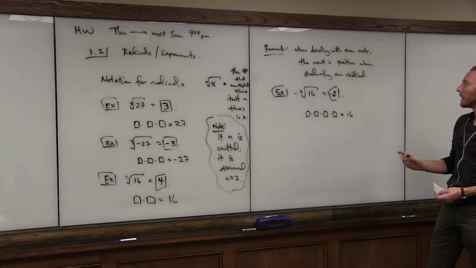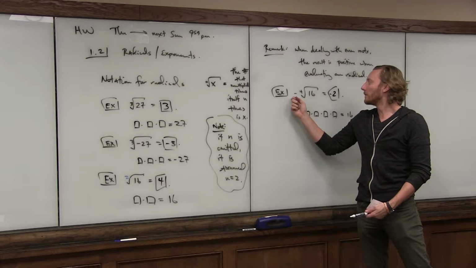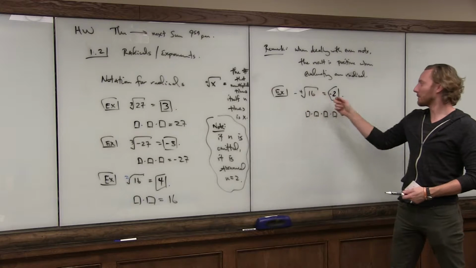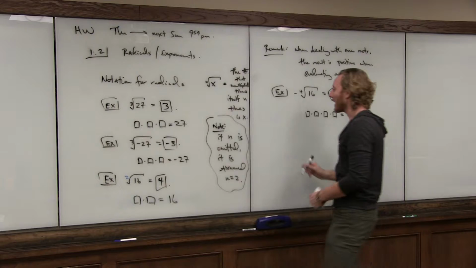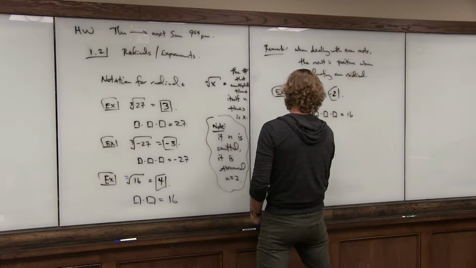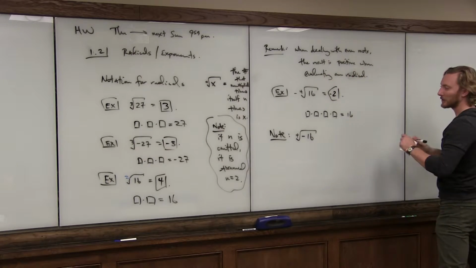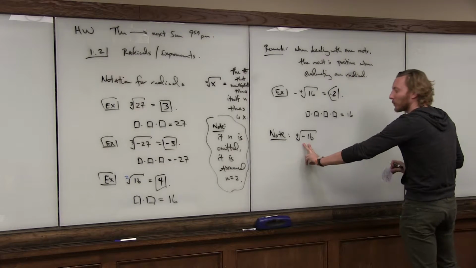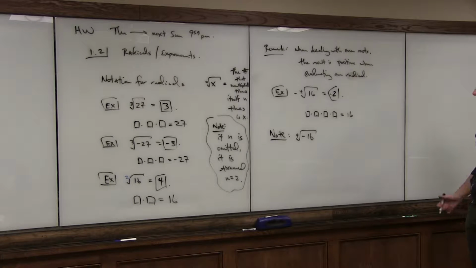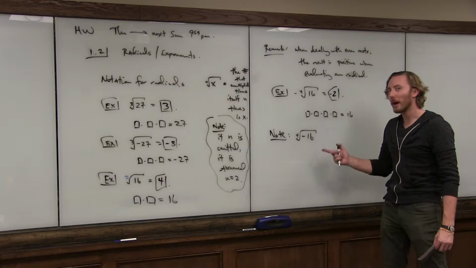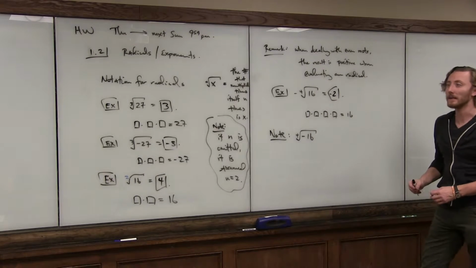Now, something to observe about this. If I put the minus sign out in front of the fourth root, I simply get the negative result. What if I tried to put the minus sign on the inside? Note, what if we were trying to figure out the number which multiplied by itself 4 times is minus 16? Well, the problem is, if you're trying to find the number which this is on a number line, you're not going to find it.